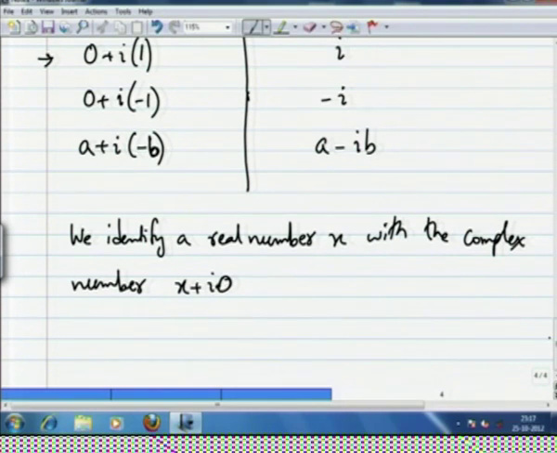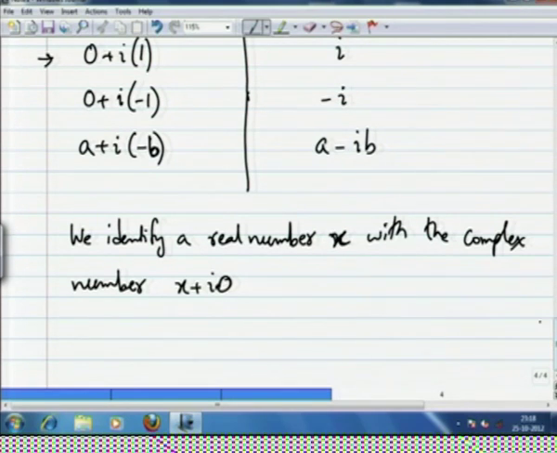Later we will review the operations on complex numbers, namely complex multiplication and complex addition, and then we will see that these indeed are the complex addition and multiplication. So, for now it is just a symbol, and x plus I times 0 will represent a real number x.